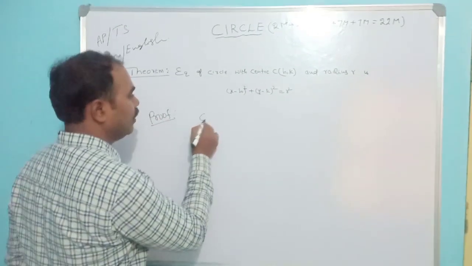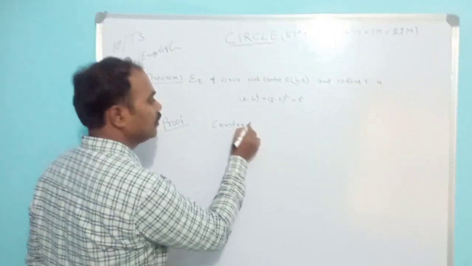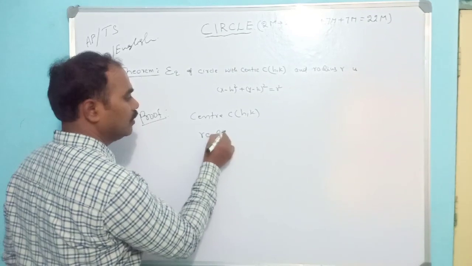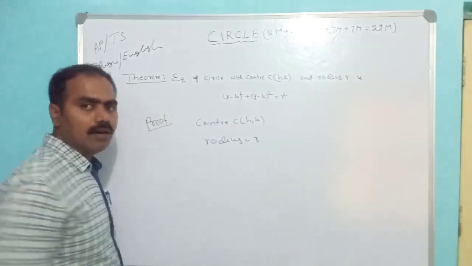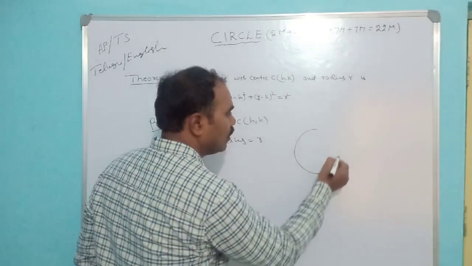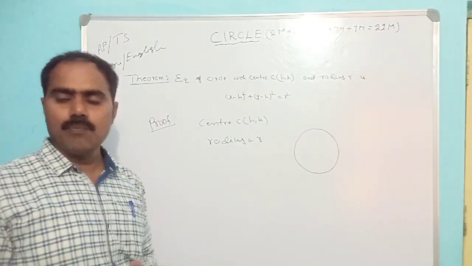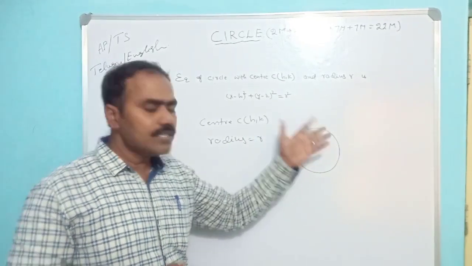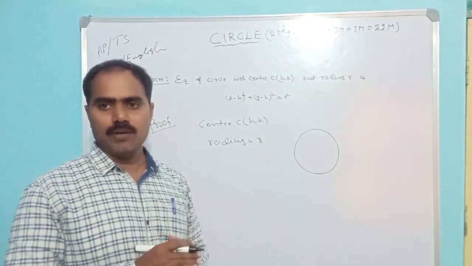So it is given that the center is C(h, k) and the radius is r. We know that a circle is the locus of a point which moves at a constant distance from a fixed point.